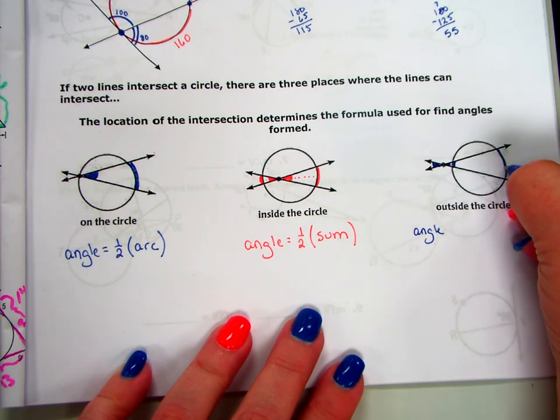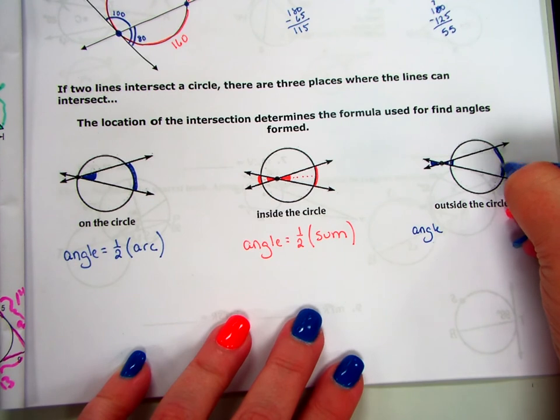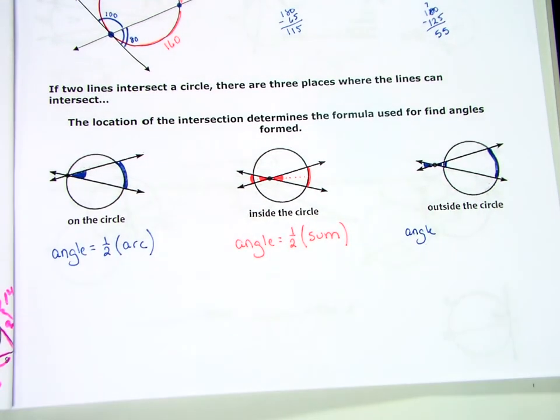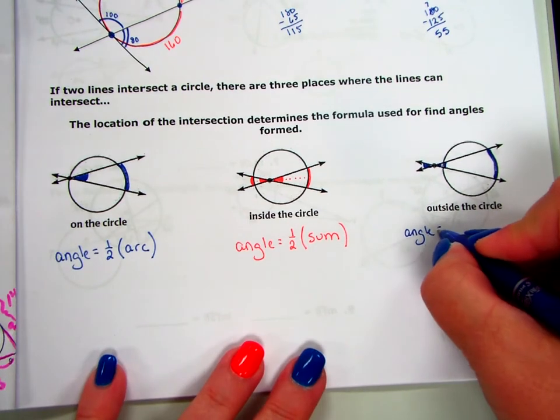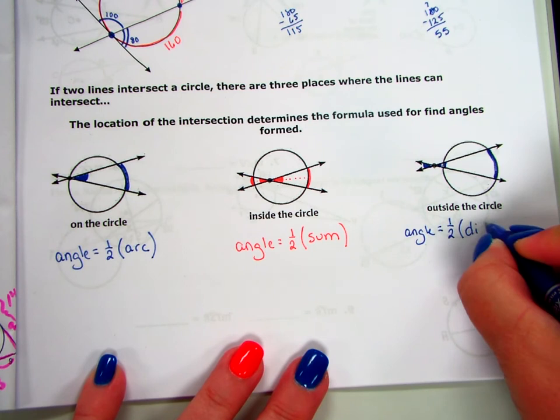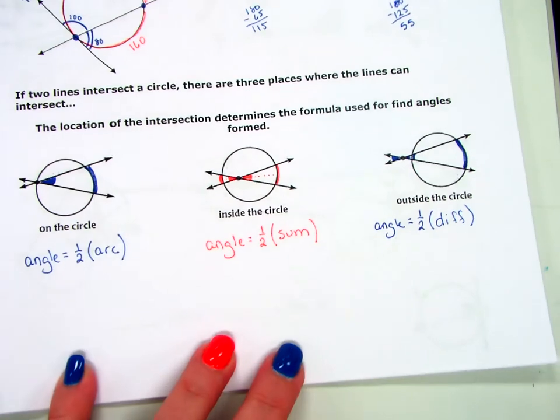And then as I keep going, I'm going to intercept this big arc out here. So I'm going to intercept 2 different arcs. The last time we said it was 1/2 the sum of the 2 arcs when I was inside. Guess what it is when it's outside? What's the opposite of sum? Subtraction, which we call the difference. So when we're outside the circle, it's going to be 1/2 the difference of the 2 intercepted arcs.